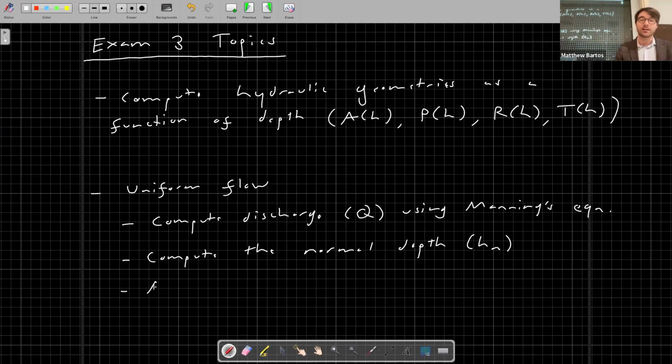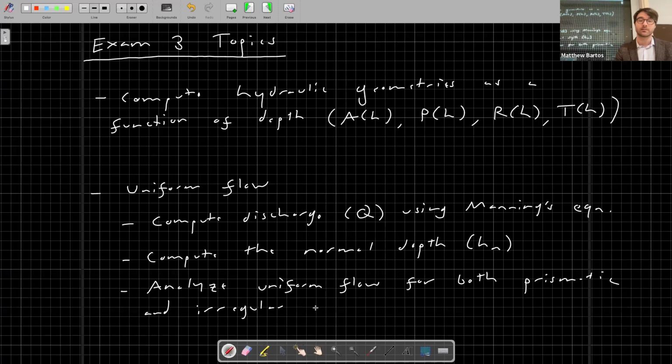And you're going to want to know how to analyze uniform flow for both prismatic and irregular channels. So know how to apply Manning's equation, not just for a regular shape, but also potentially for compound channels consisting of multiple parts. Are there any questions on these topics so far?